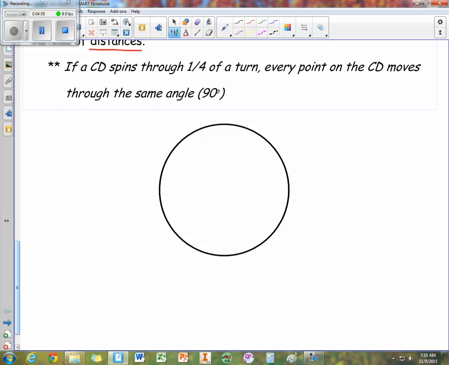So if I were to make a Cartesian coordinate system, and if I were to allow this object to make a counterclockwise rotation, a point right here we could say is its initial angle.